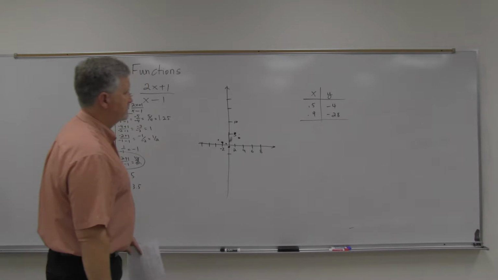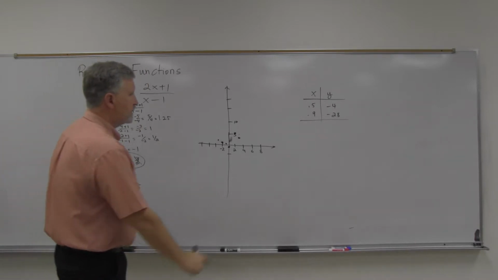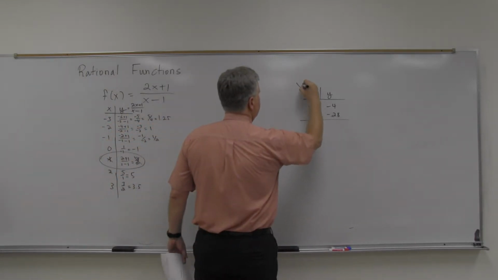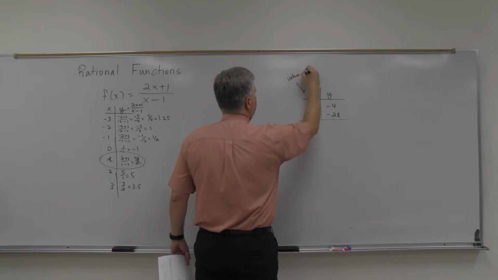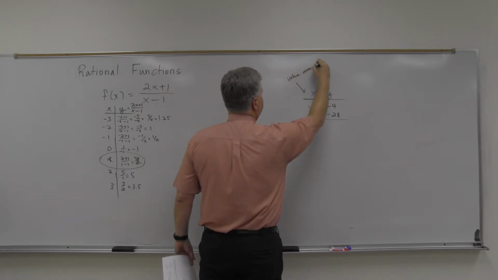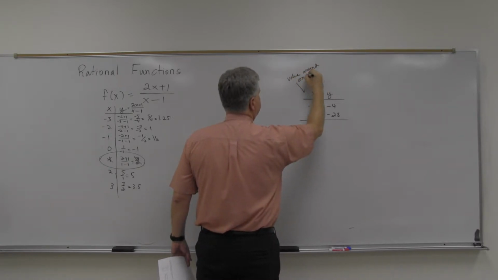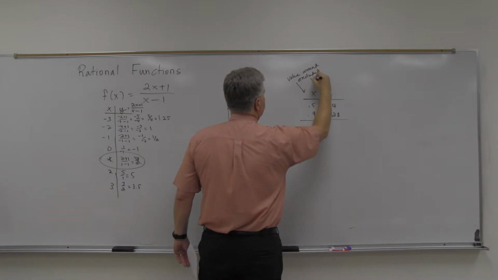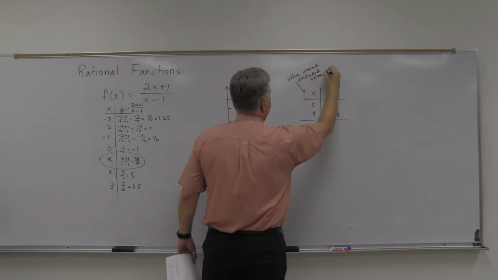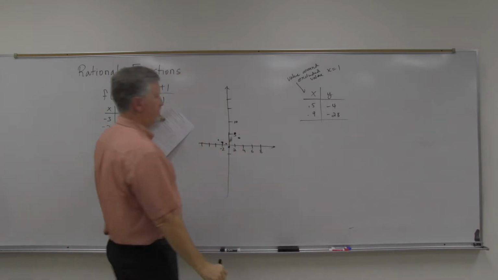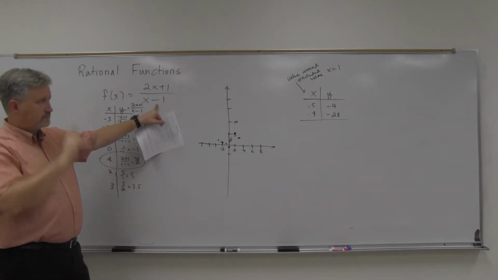So let's just look at those two first of all. So these are values around our excluded value x equals 1. Right, because that's the excluded value here, x equals 1.